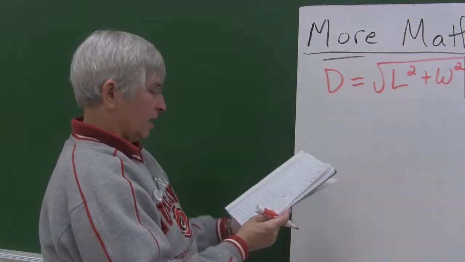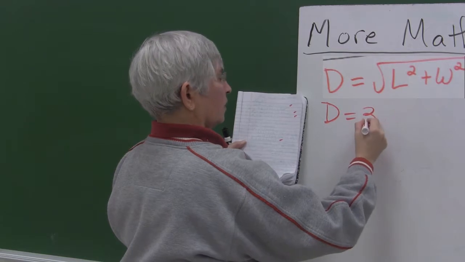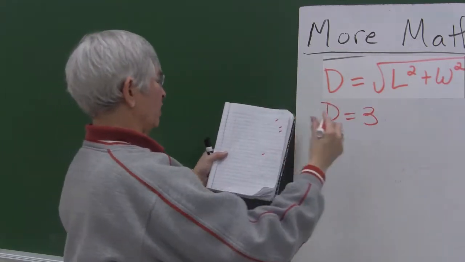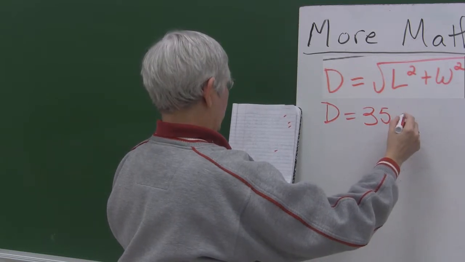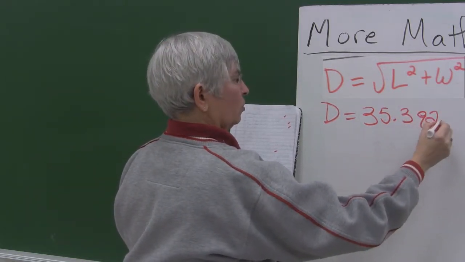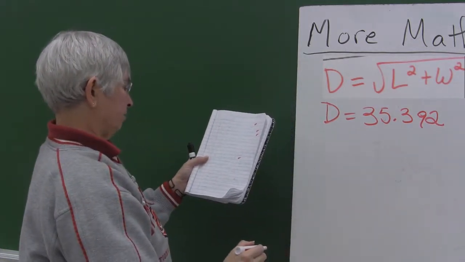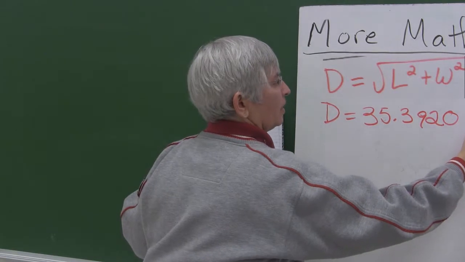So in calculating D, substituting in the values that we've been using for the entire practice, I obtained 35.392. I'm going to go one more place just to be on the safe side, and that would be in centimeters.